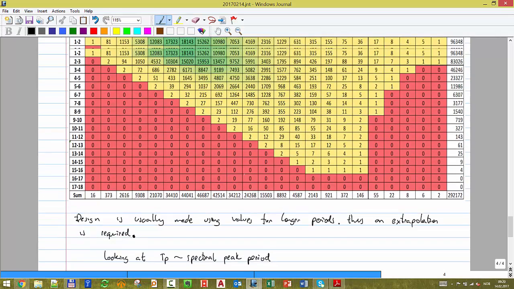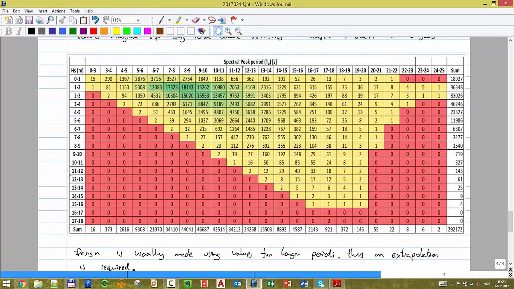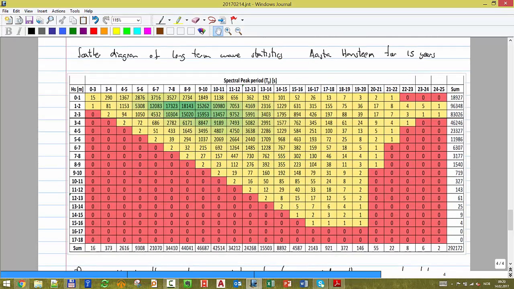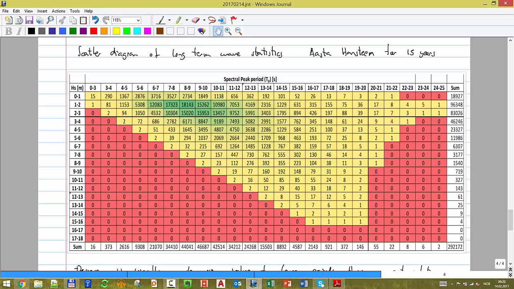In that case, let's look at that particular case of 15 to 16. It will go very quickly. The most frequent wave height is between 2 and 3, and then it starts reducing until it reaches 1. Very simple. So each one of them, if you slice one particular column, will have that one particular distribution.